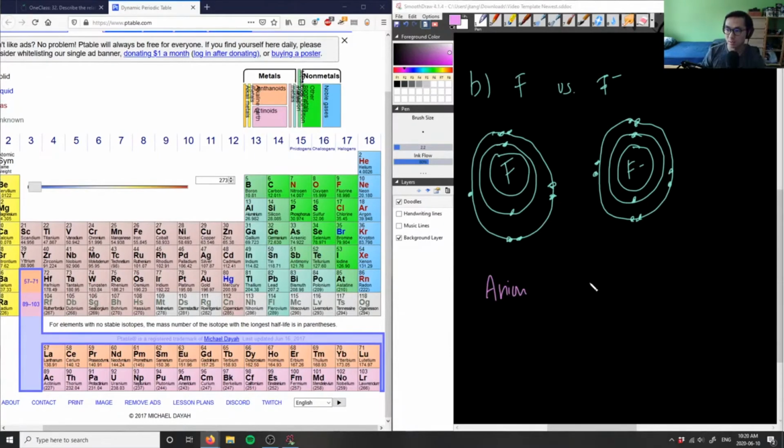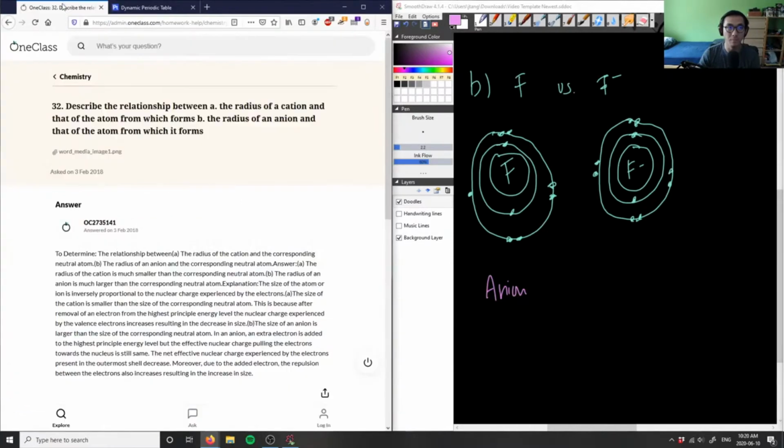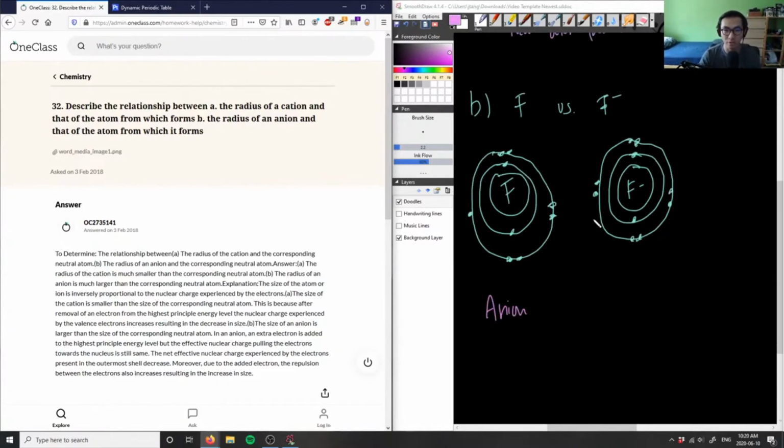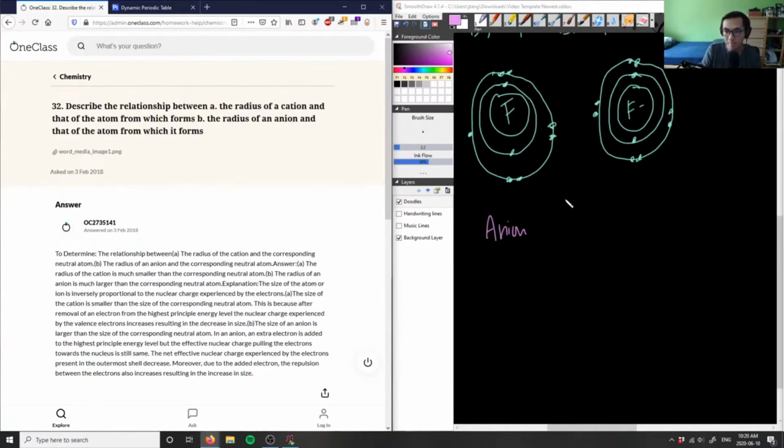So let's look at this. This is a typical trend. Specifically for fluorine, fluorine actually doesn't follow this trend, because it has a full shell, so the ion tends to be smaller than the neutral fluorine atom. But if I had, for example, neutral oxygen versus O 1 minus, then that would follow the trend.